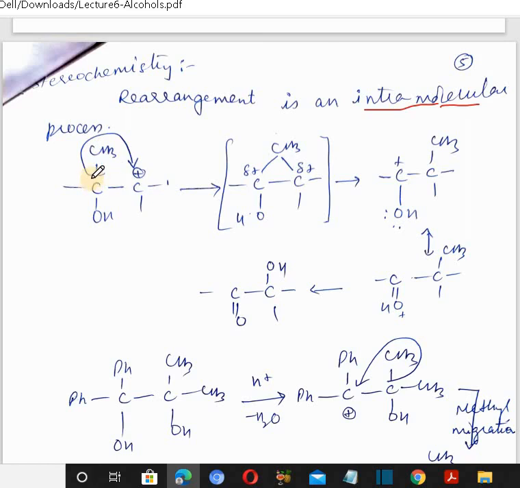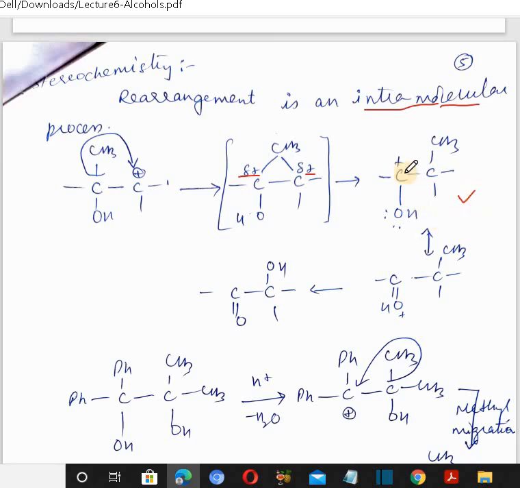To get a more stable carbocation, and while this happens, it forms a bond like this, that is, both carbons have partial positive charge. Then these electrons move here, and we get this neutral carbon and positive charge here, that is, a carbocation is formed which is more stable.